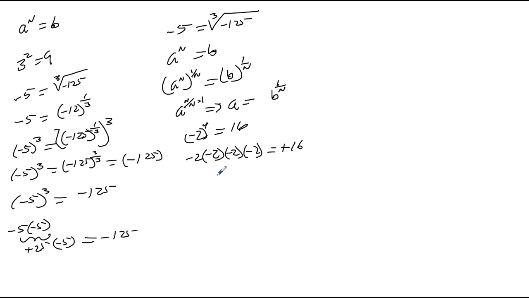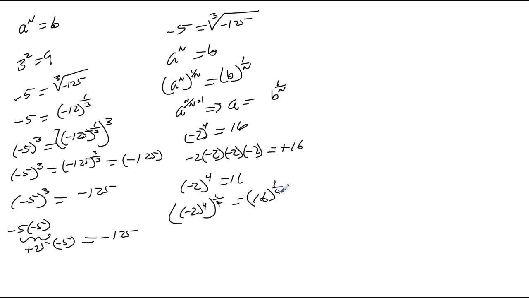So that's why we know that minus 2 raised to the power of 4 is equal to 16. If we take the fourth root of each side, we have minus 2 raised to the power of 4 raised to the power of 1 over 4, which is equal to 16 raised to the power of 1/4.